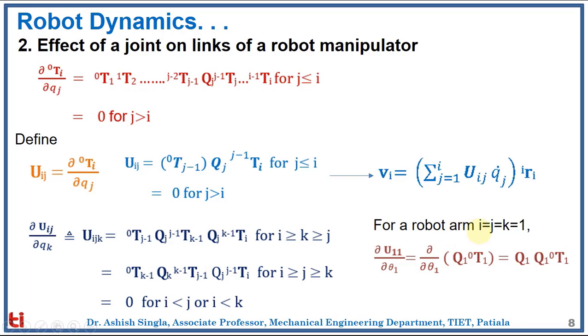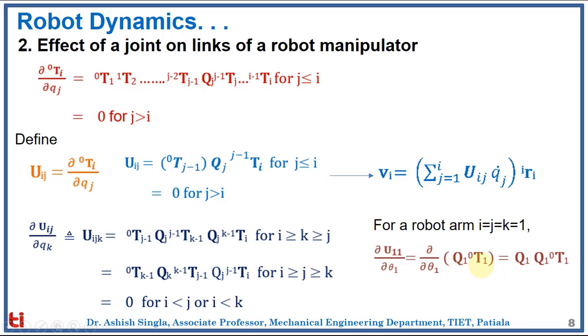For a single arm, the number of links I is 1, the number of joints is 1, and for comparison, there is another joint. The total joint is actually 1. This is considering the effect of another joint, which is also 1. There is no second joint. So the partial derivative of u11 with respect to theta 1 is nothing but this expression.